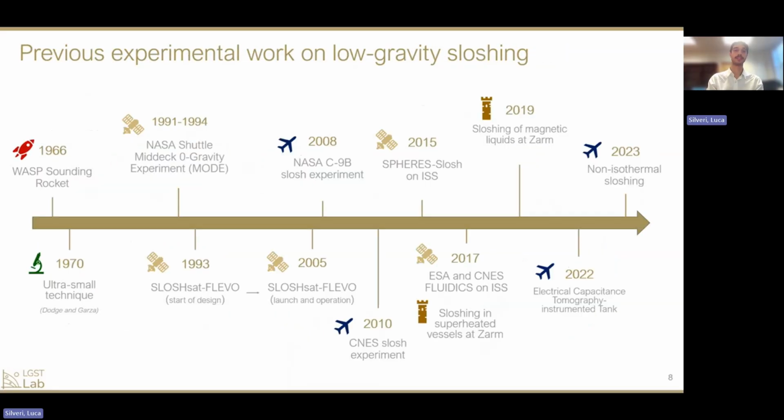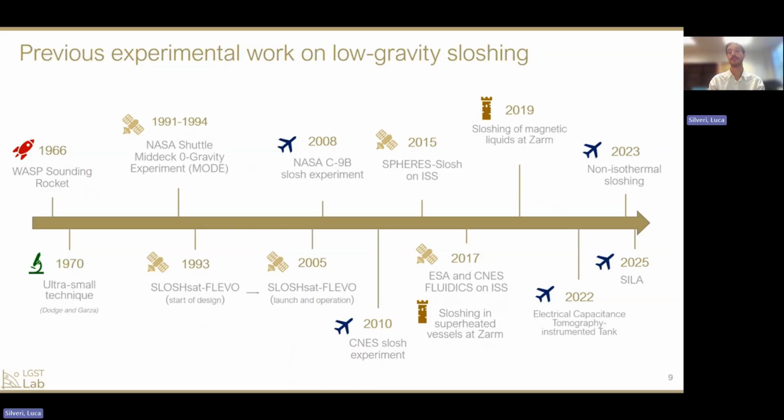To contextualize the experiment, we can see that since the 1960s, multiple experiments have been performed for sloshing in low gravity, and the SILA payload fits in this history of experiments.